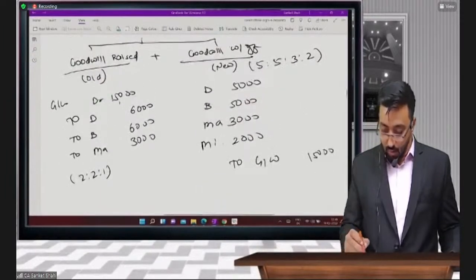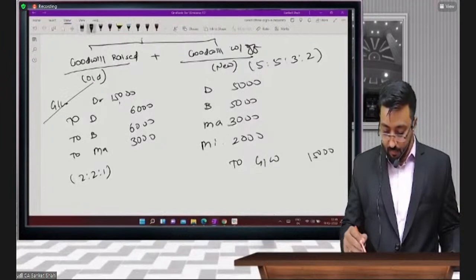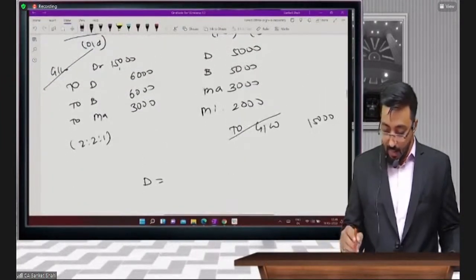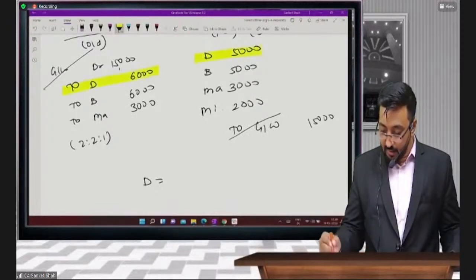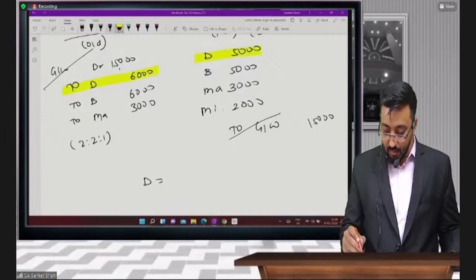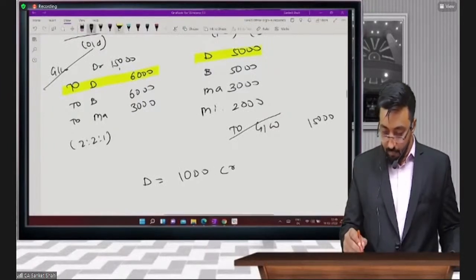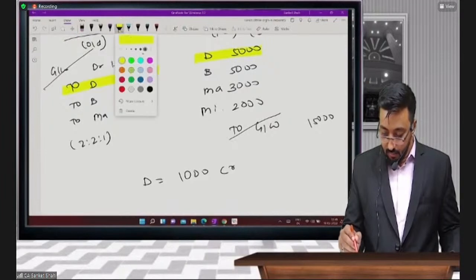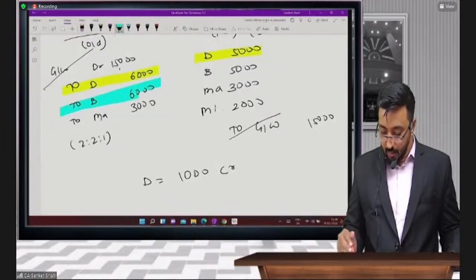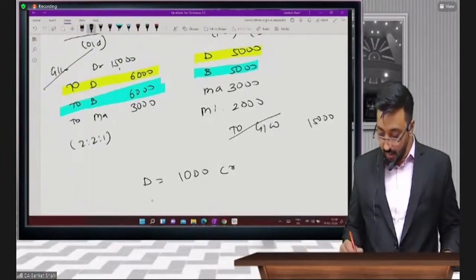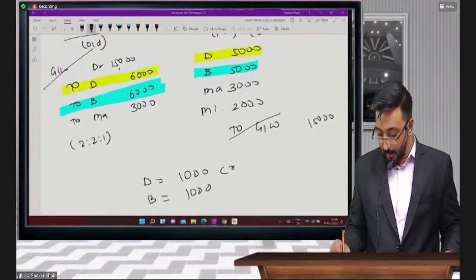See beta, goodwill will get cancelled. So Dalal ka balance kitna bachega? Dalal credit 6,000, debit 5,000, so net credit 1,000. Banerjee 6,000, 5,000, so Banerjee ka bhi 1,000 credit.